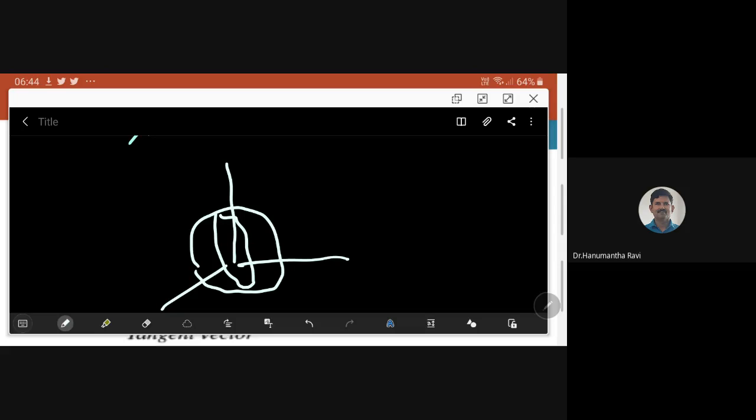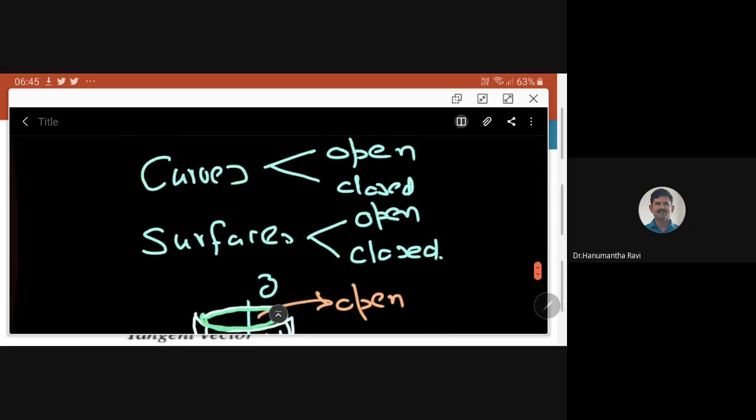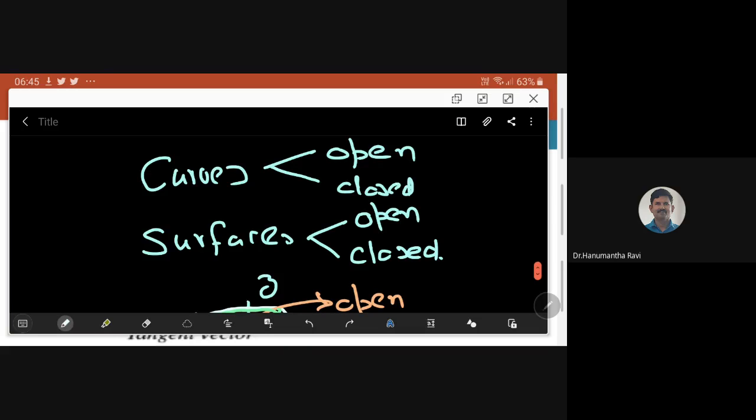Whenever we talk about closed surfaces, it is natural to think about the volume that those closed surfaces enclose. So what are the measures? If we are dealing with curves, if it's an open curve, I'll tell you one thing.